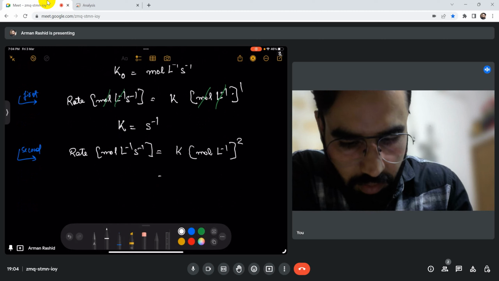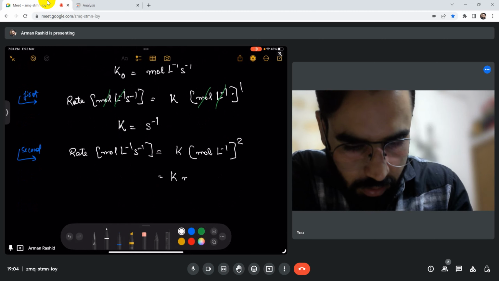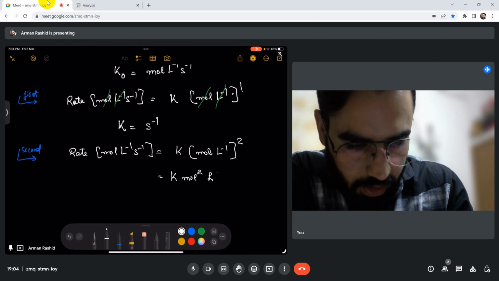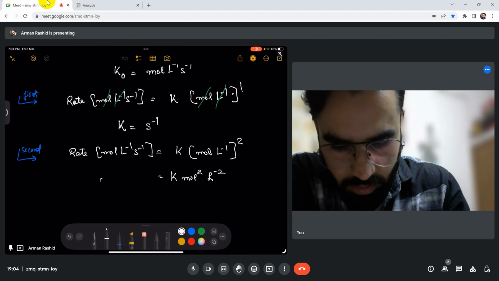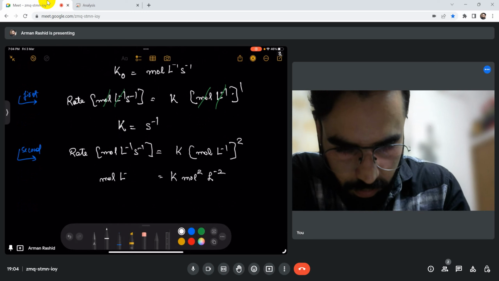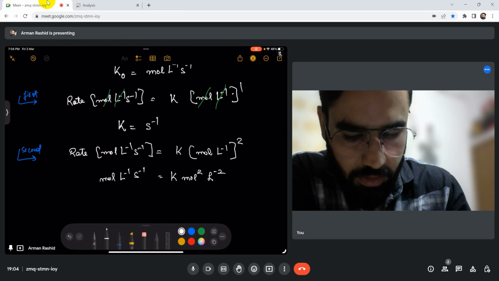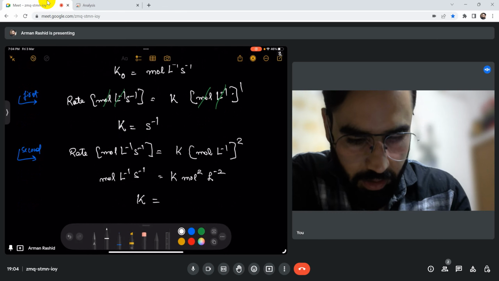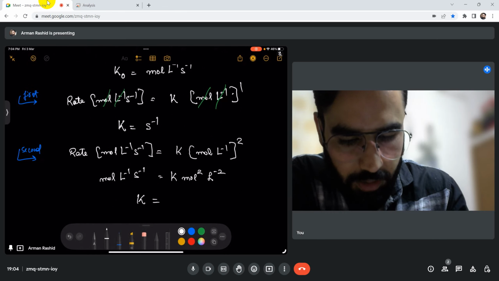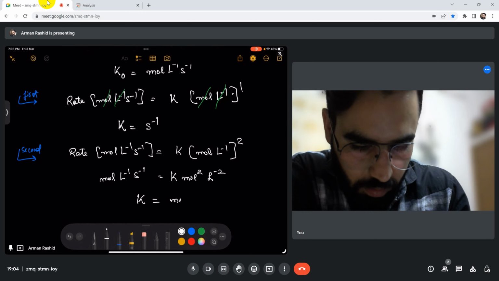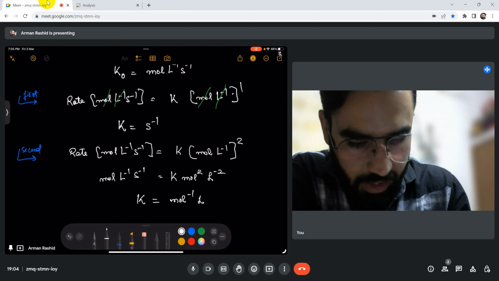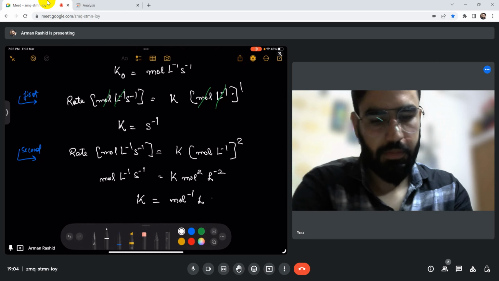Since it is squared, K will have units mole to the power minus 1, liter, per second.